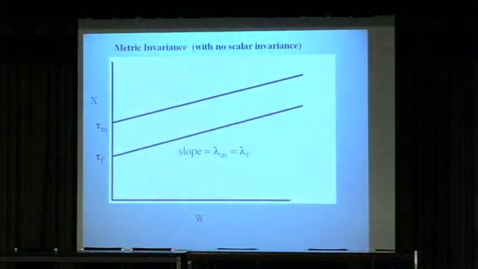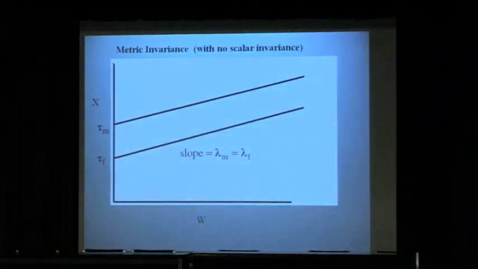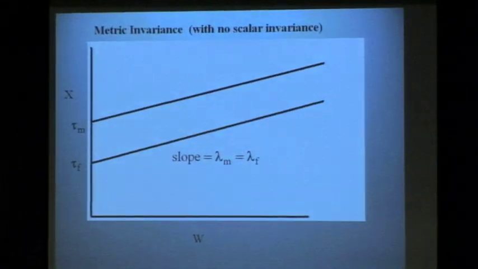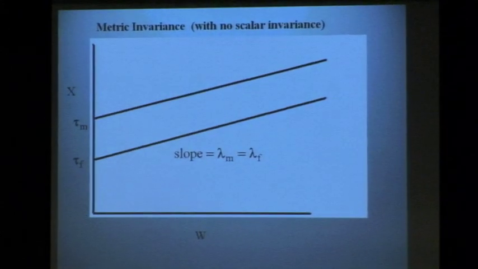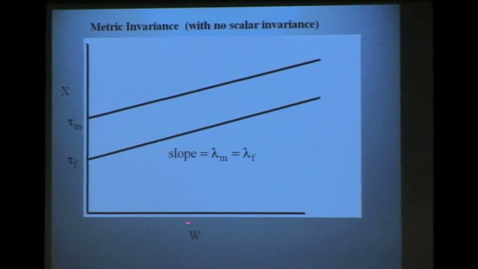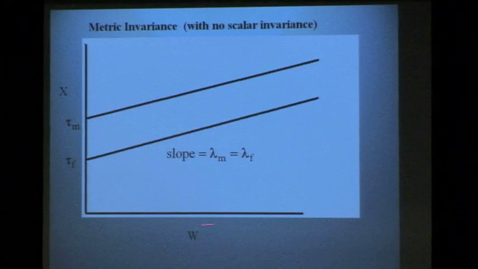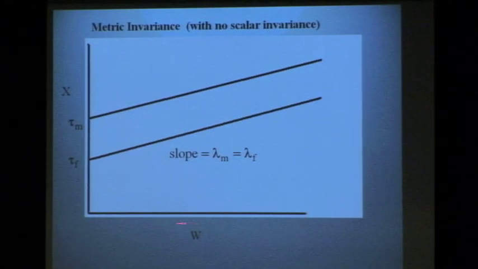Here's a graphic. I kind of like to think of the factor model as a regression model, and this graphic reveals it. Think about this axis down here as the common factor. Let's say you just have one common factor.